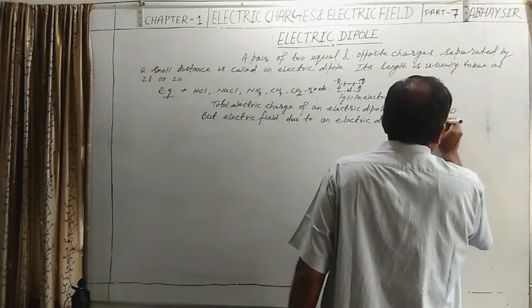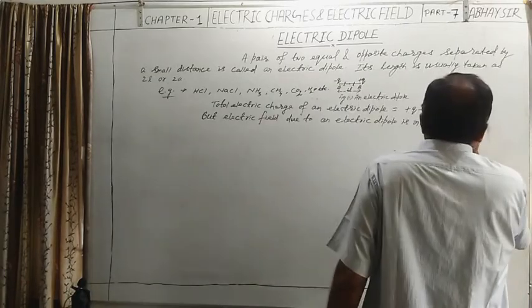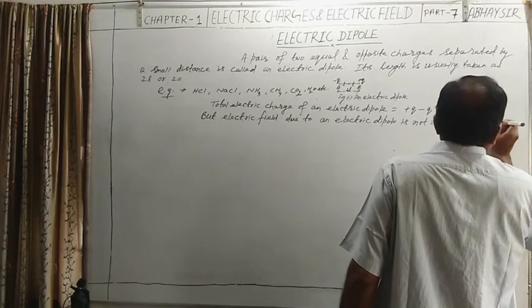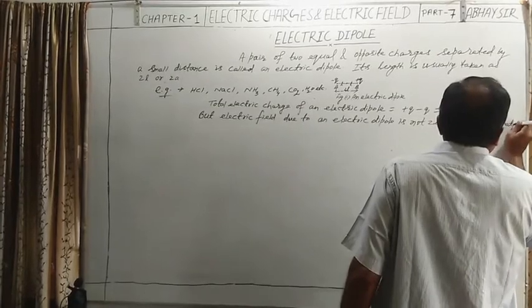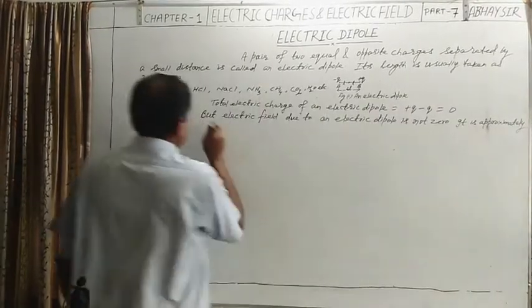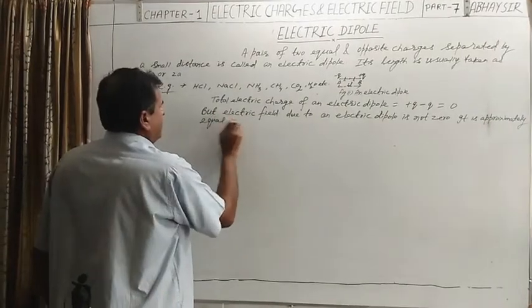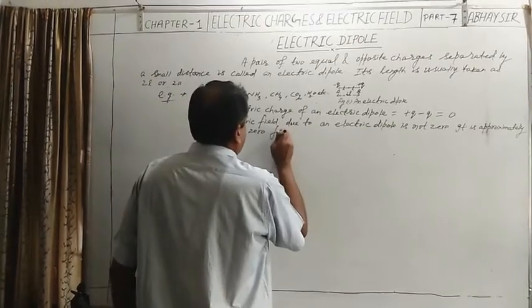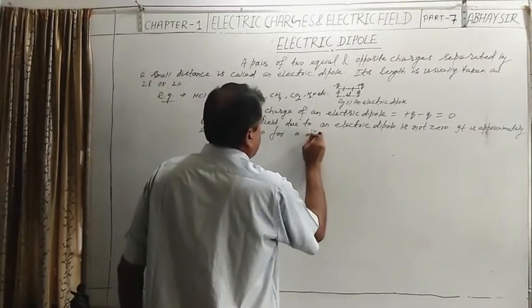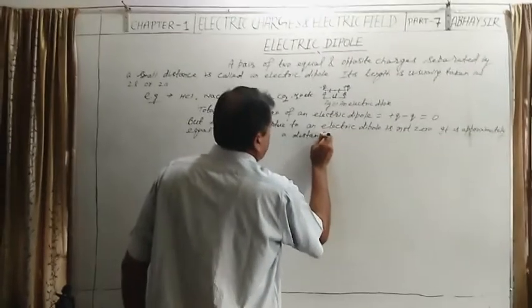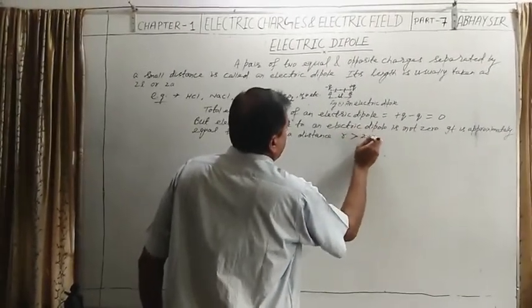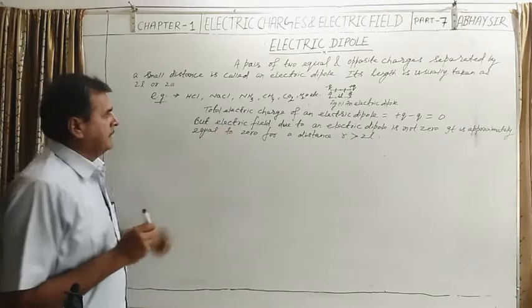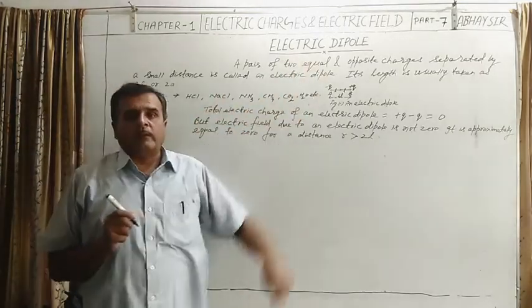It is approximately equal to 0 for distance r greater than 2l. 2l is the length of electric dipole, 2l or 2a.